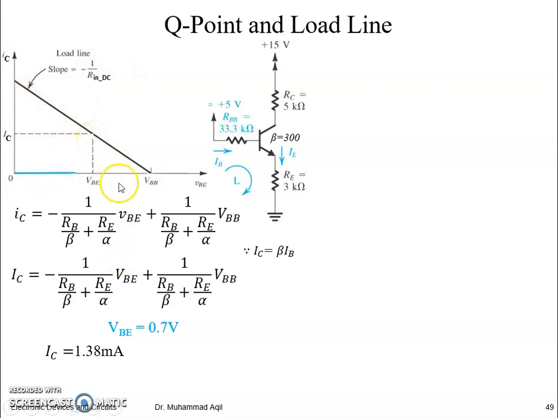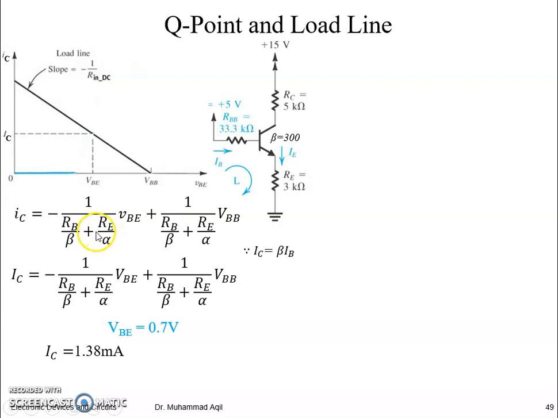But currently this transistor is operating at this point, and this point must be lying on this line. This is called the Q point, but at the input side. And if you remember, the slope of this line is minus 1 by R in DC. What is R in DC? I actually named RB by beta plus RE by alpha as R in DC.